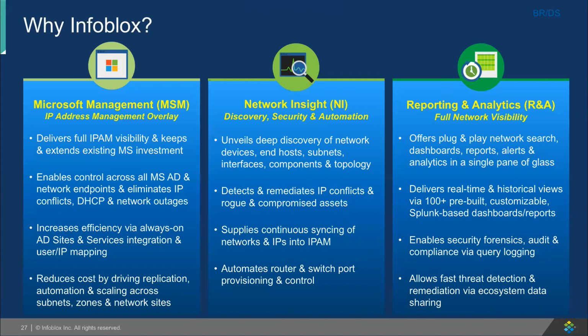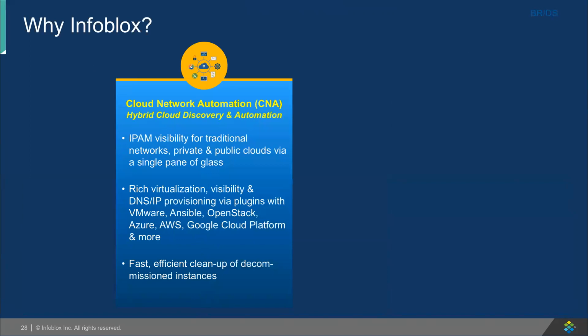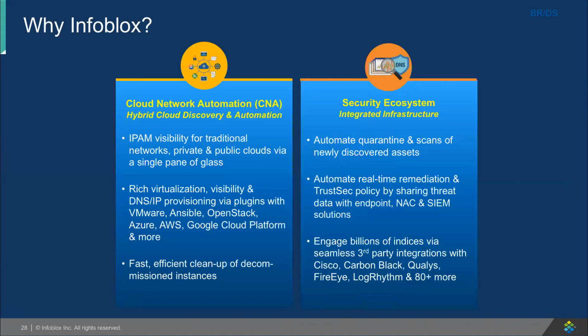So those are 3 of the components we've talked about. We also talked about cloud network automation, and so again, that's the discovery around the cloud-based endpoints and how to automate that, and then of course the ecosystem integrations with over 80 different security vendors, billions of indices literally, and those integrations, as Dave mentioned, with Cisco, McAfee, Qualys, and many others.